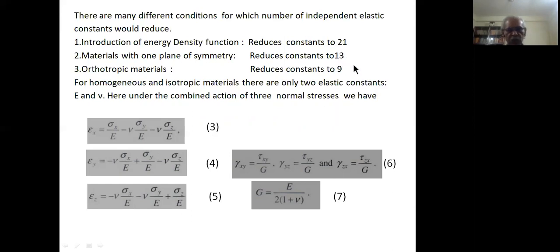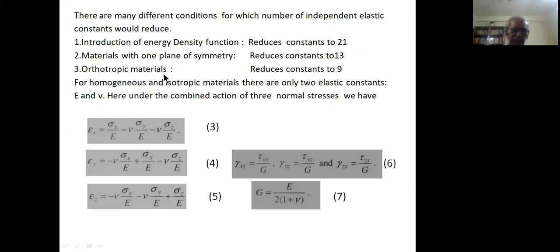If you then take orthotropic materials, where material properties vary in different directions, the constants come down to 9 only. But if we make an even further assumption, such as homogeneous and isotropic material, which we normally do in our usual engineering problems, then the elastic constants come down to only 2.